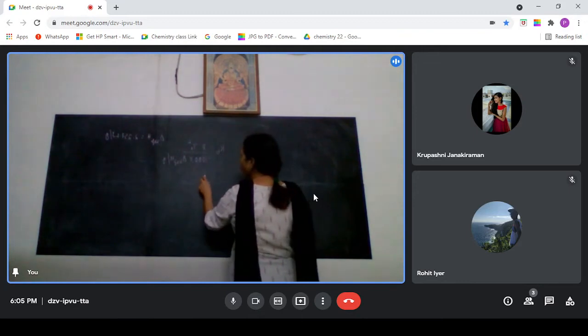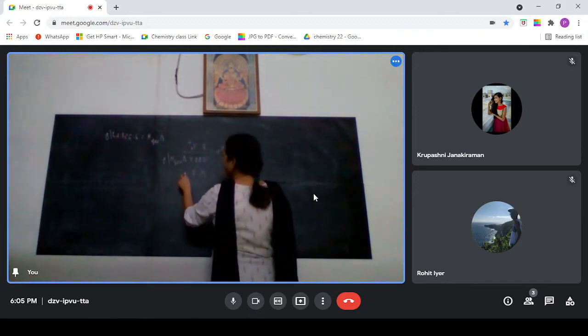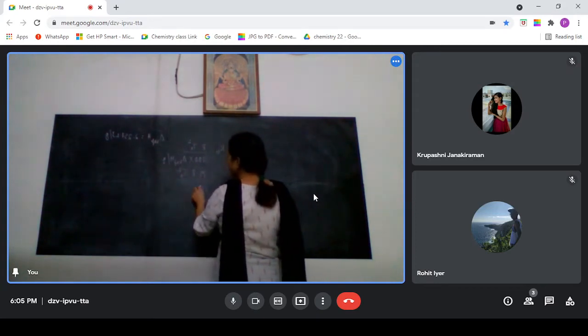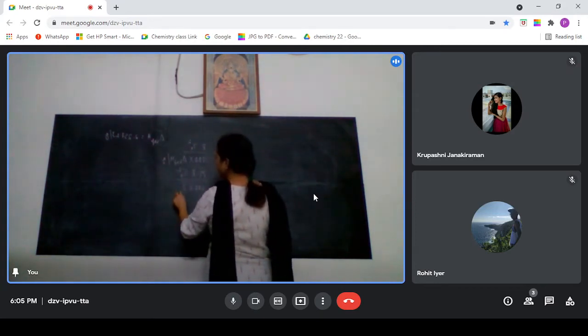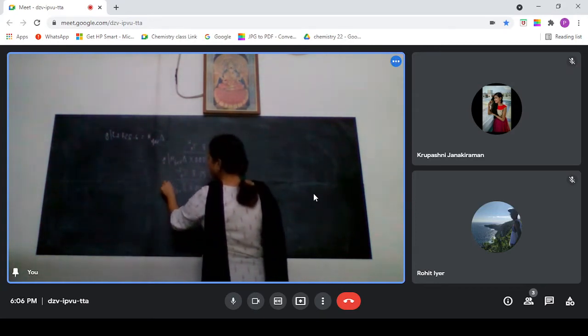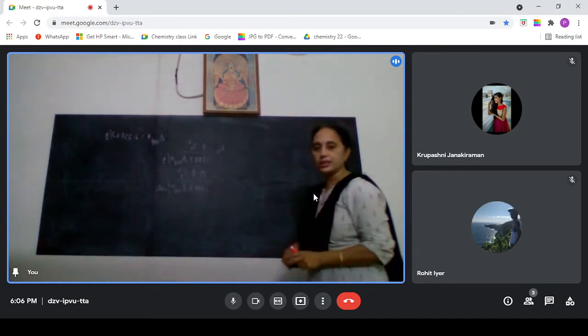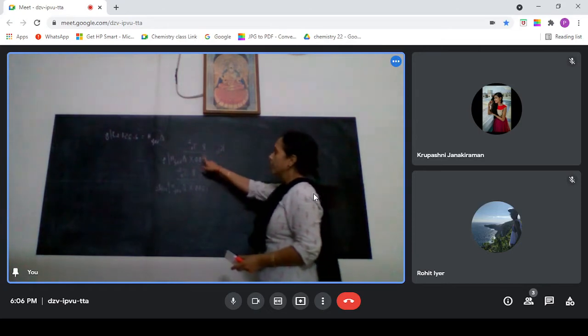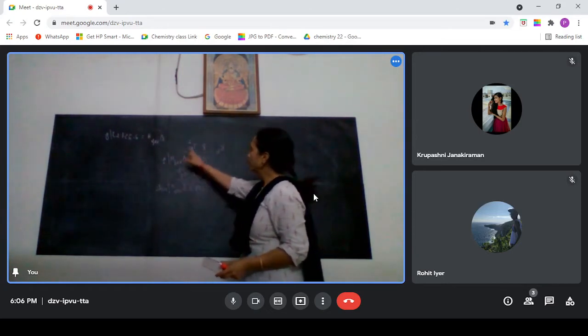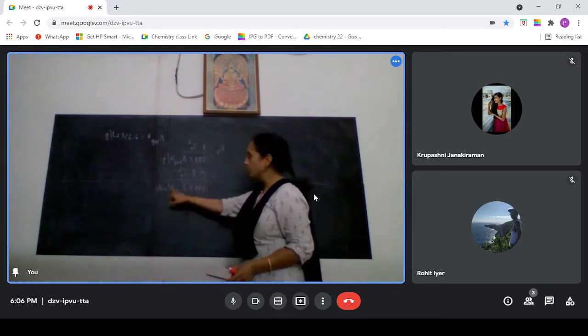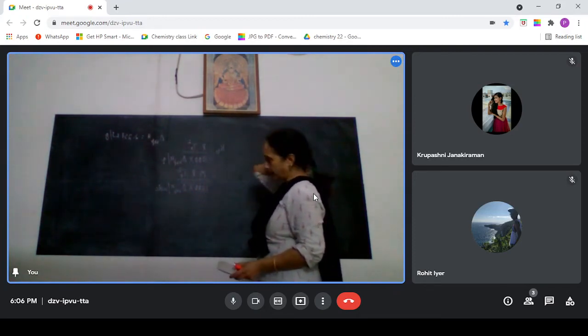If it is per mole, it will be M R T naught square, where M is the molar mass, by 1000 into delta vaporization H per mole. So if you take it per gram, you need not take molar mass here. If they are given per mole, you will have to take molar mass.